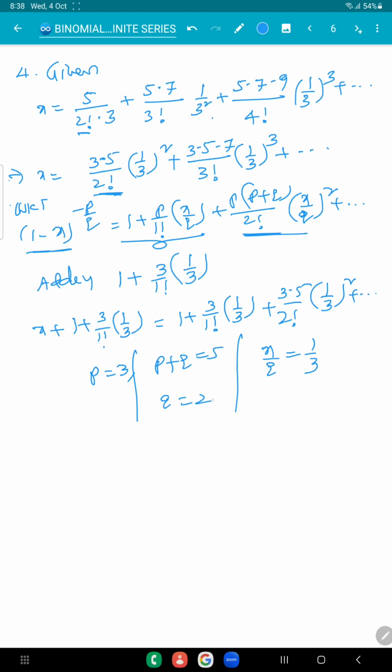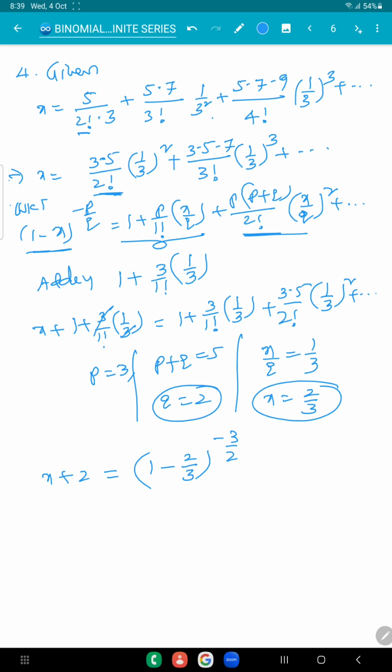So q is equal to 2, x is equal to 2 by 3. So we have x plus 1 plus 1 becomes x plus 2, which becomes 1 minus x whole power minus p by q. So this is equal to 3 minus 2, 1 by 3 whole power minus 3 by 2. So that implies that x plus 2 is equal to 3 power 3 by 2.